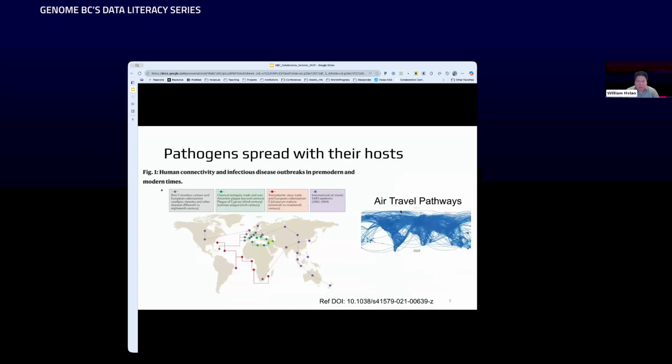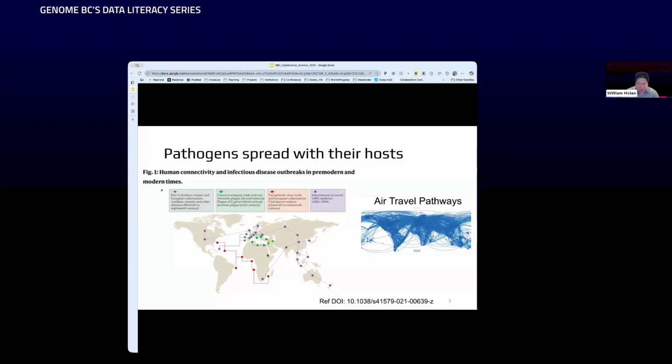And this map here shows that, as we are increasingly connected globally, the pathogens can spread with their host much more rapidly, and therefore, again, highlighting why infectious disease needs to be considered a global issue and concerns all the nations globally rather than just attributed to certain regions.